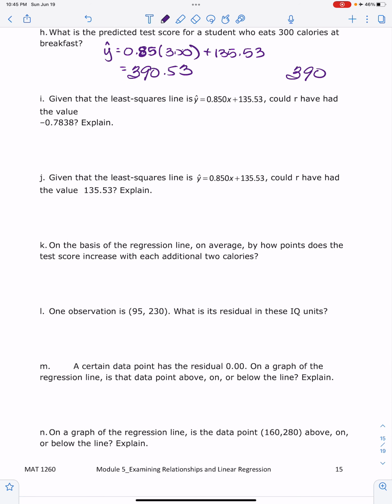Given that the least squares line is y hat equals 0.85x plus 135.53, could r have the value negative 0.7838? No. Because our slope, that 0.85, is positive.